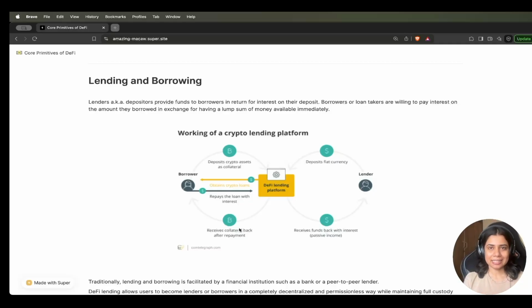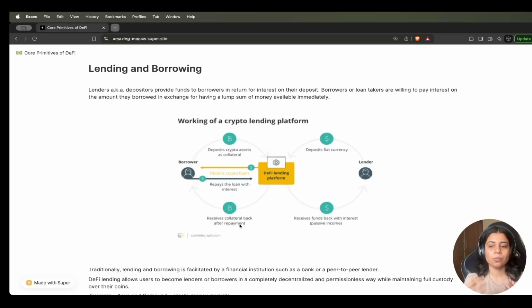Lending and borrowing has traditionally been done in the finance space by financial institutions, and DeFi allows us to do lending and borrowing in a manner which is completely decentralized and permissionless, while users still maintain full custody of their coins.